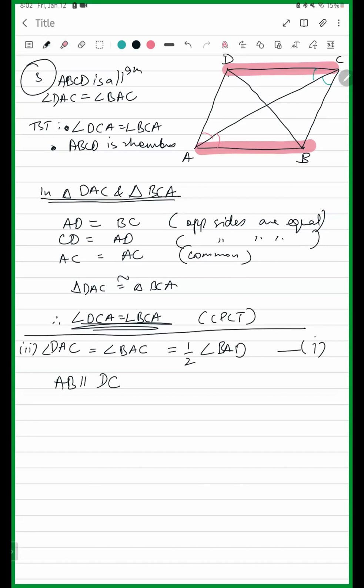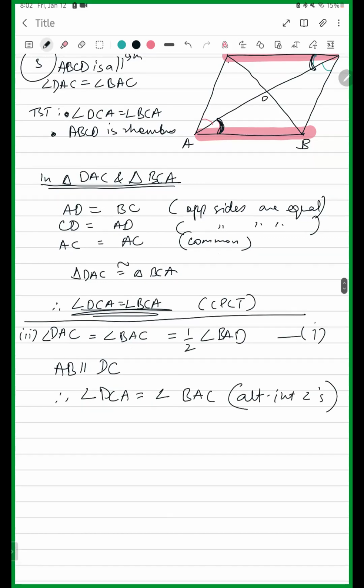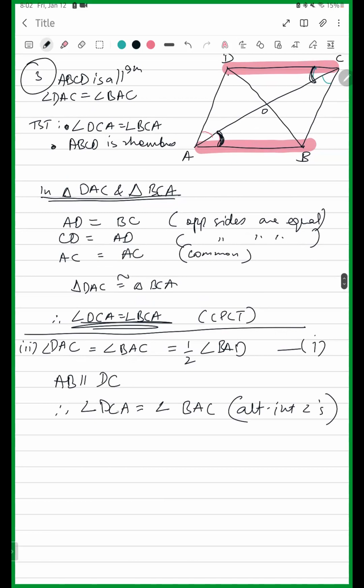So by alternate interior angles, this and this are equal. So therefore, angle DCA is equal to angle BAC, because alternate interior angles. Let's call this O. DCA is equal to BAC. These two black angles are equal to each other.